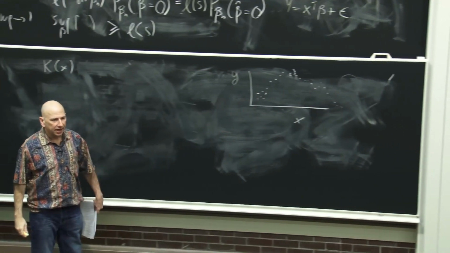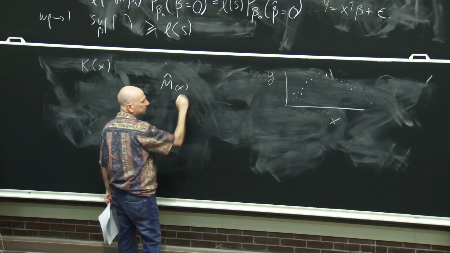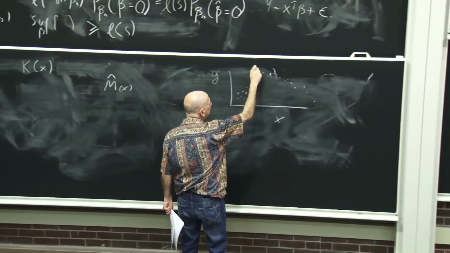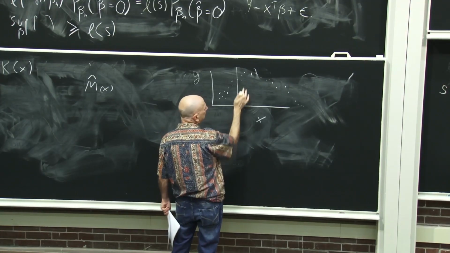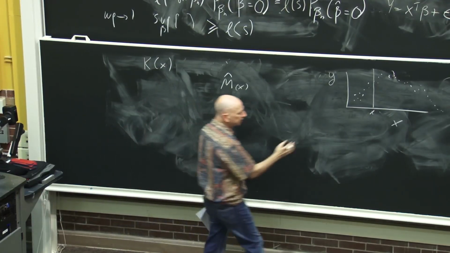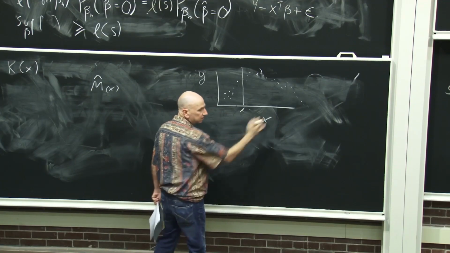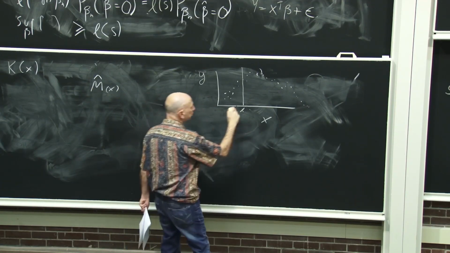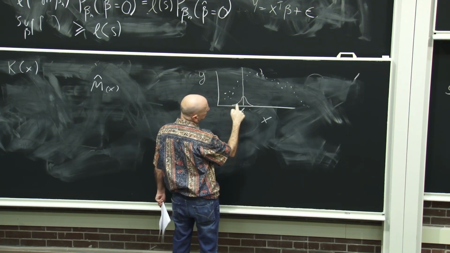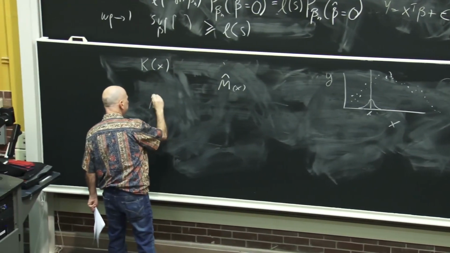We're going to look at the data, and now I have to produce an estimator m hat, but I have to do it at every value of x. I have to produce a function. The estimator is a function. So for any value of x, what I'm really going to do is just take a local average of the y's. In fact, one way of doing a kernel estimator is just to take a window, a slice, and just average those y's, and then slide that across. A slightly more refined way of doing it is to put this kernel down, and now just take the average of the y's, but use these as weights. So that means we're going to do something that looks like this.